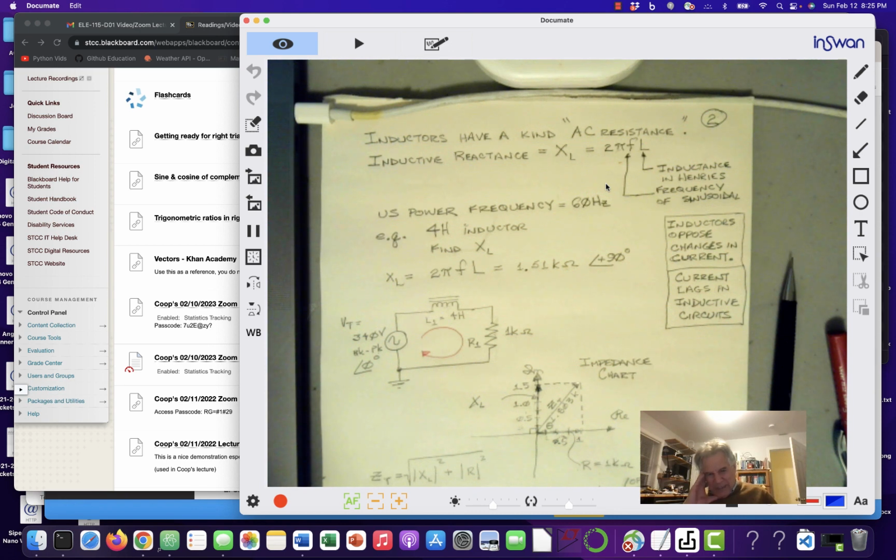We had that demonstration in lab on Friday. I took a big honking inductor and just a little bit of resistance. I put like an amp through the inductor, and I had a voltage divider so that I could look at the output of the inductor on a scope when I broke the current.